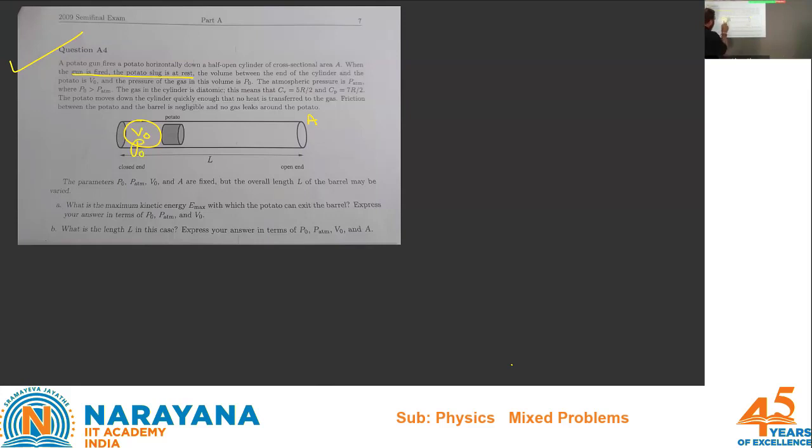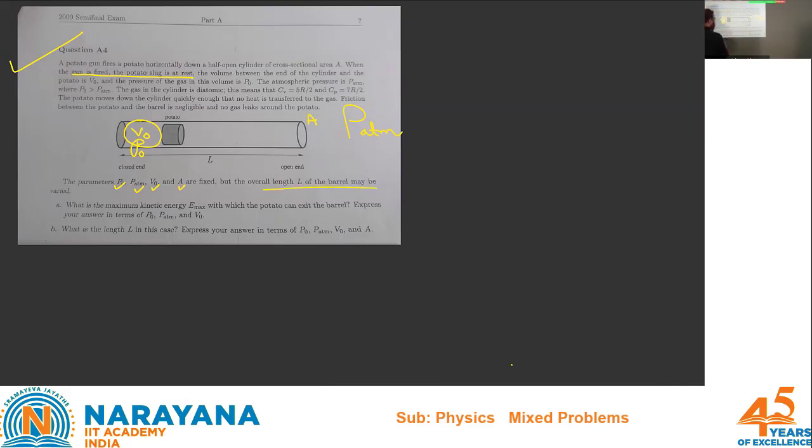Here it is trapped at P0, and the outside pressure is P ATM. That pressure is given as P ATM. Now the question is somewhat like this: P0, P ATM, V0, area of cross section A, and the complete length, everything is given.